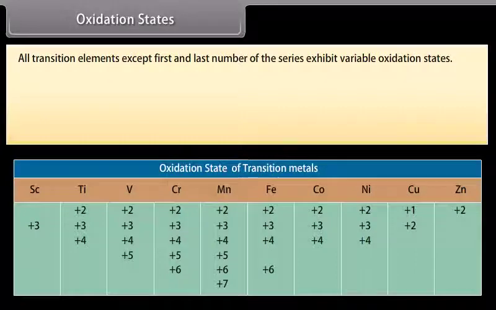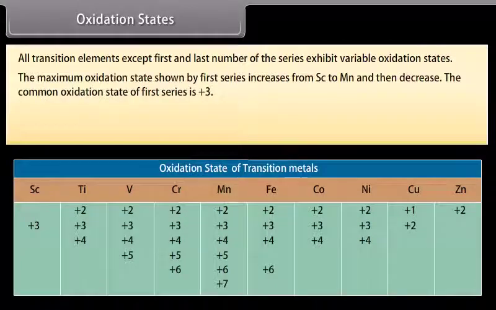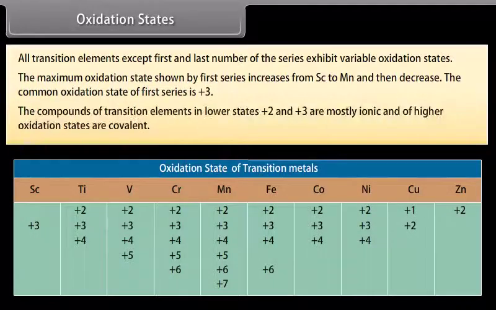Oxidation states. All transition elements except first and last member of the series exhibit variable oxidation states. The maximum oxidation state shown by first series increases from scandium to manganese and then decreases. The common oxidation state of first series is +3. The compounds of transition elements in lower states +2 and +3 are mostly ionic and of higher oxidation states are covalent.